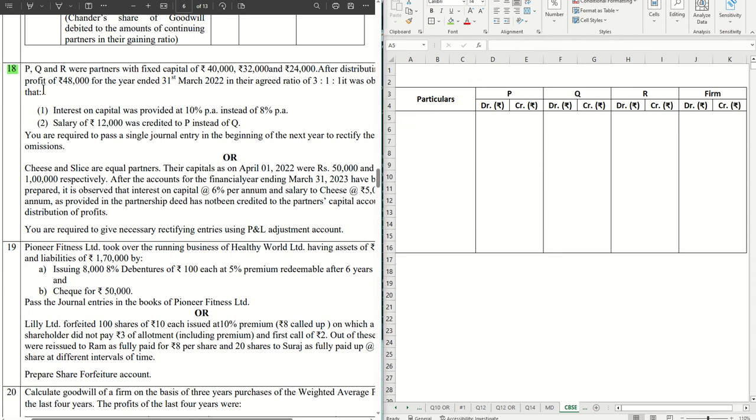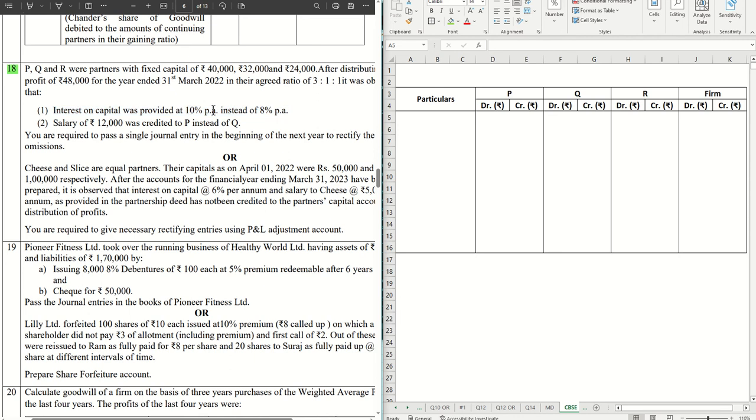Let's have a look at the question. This is a question of past adjustments. P, Q and R were partners with fixed capitals of 40,000, 32,000, and 24,000. After distribution of profits of 48,000 for the year ended 31st March 22, in their agreed ratio of 3 is to 1 is to 1, it was observed that interest on capital was provided at 10% per annum instead of 8% per annum.